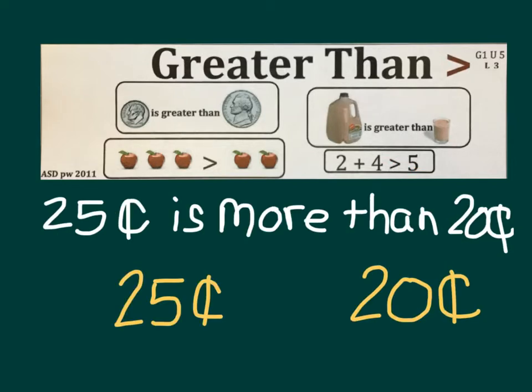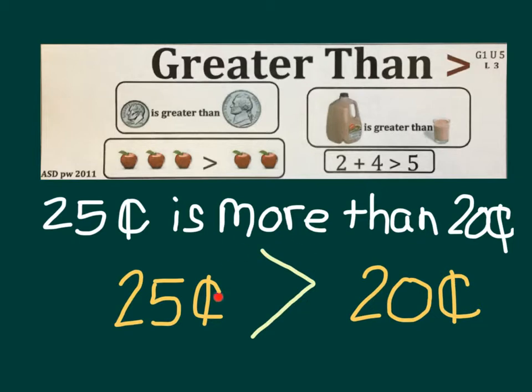We know that 25 cents is more than 20 cents because 25 cents is bigger, or greater, than 20 cents. On your whiteboards, can you show me the symbol I could use to show that 25 cents is more than 20 cents? Pause video.